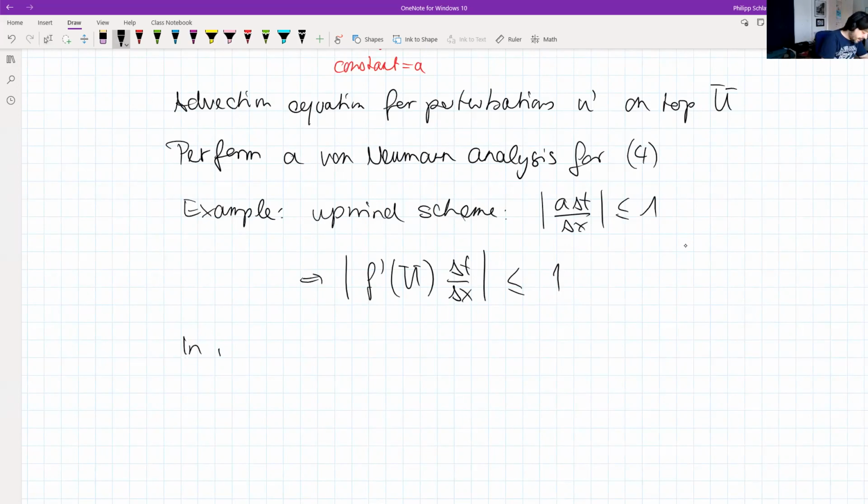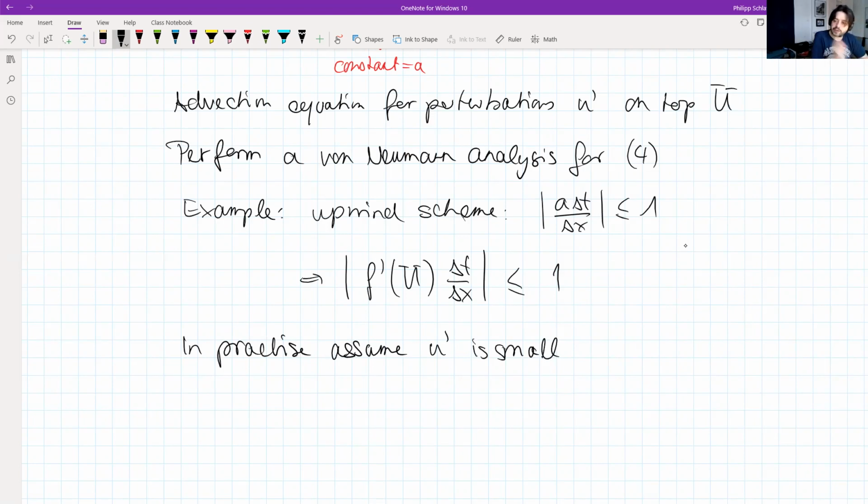In practice, I can now assume that the fluctuation u prime is actually small.